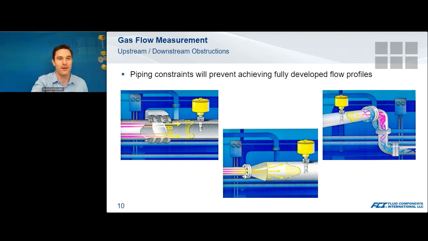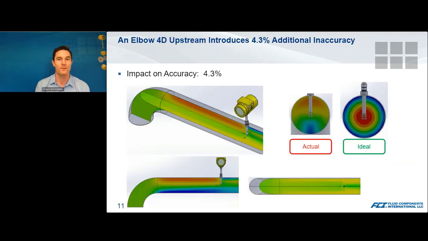What you see on the left here with this valve is that the point of maximum velocity, that tip of the parabola there, is not hitting the sensing element right at that point of maximum velocity. The velocities are faster, closer to the wall of the pipe. And you also see similar disruptions to the flow in that far right image with that out-of-plane elbow. So we do have some specifics as to what that does.